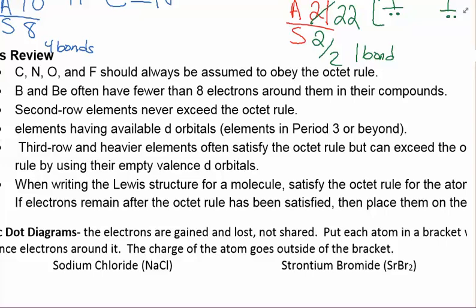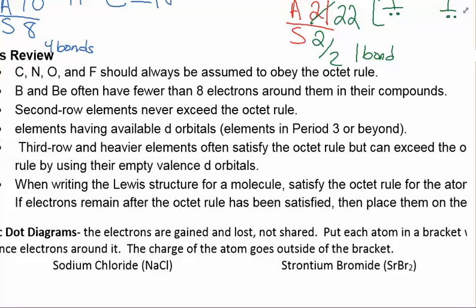It has to be period 3 or beyond. The third row and heavier elements often satisfy the octet rule but can exceed it by using some of their d block orbitals. When we write a Lewis structure for a molecule, we want to make sure that our electrons match. We don't lose any electrons. We don't add extra electrons.